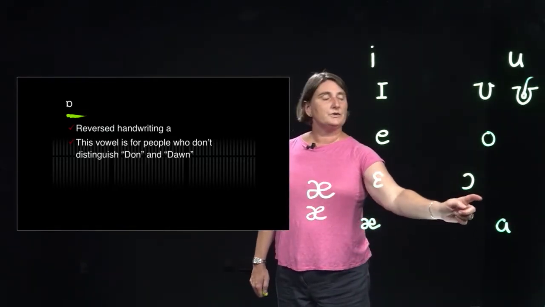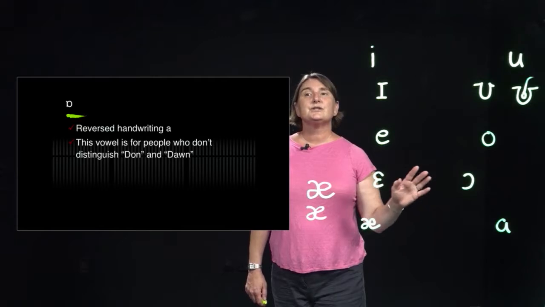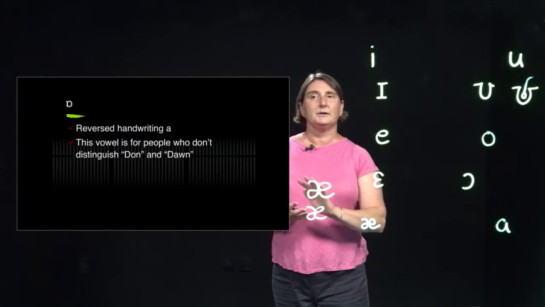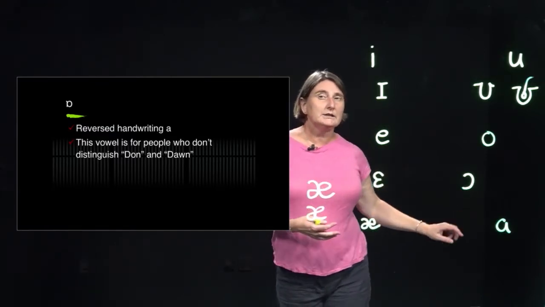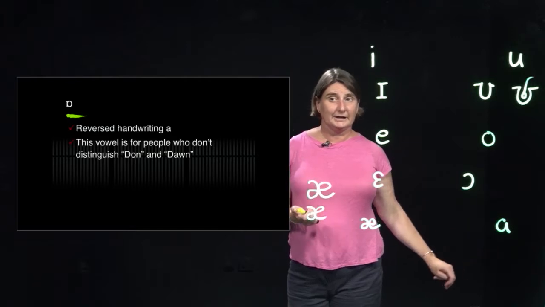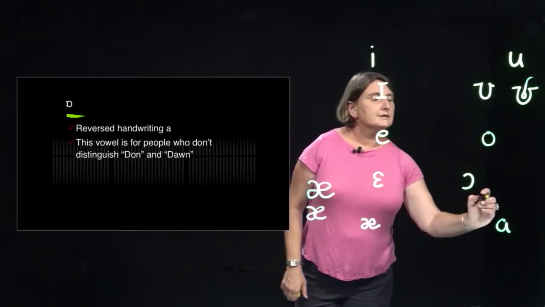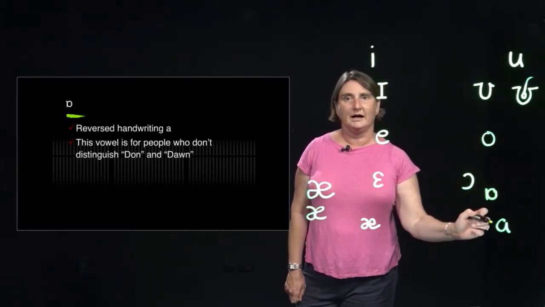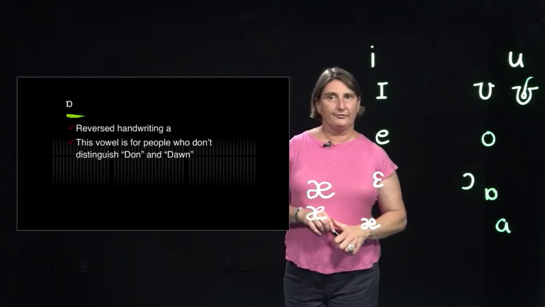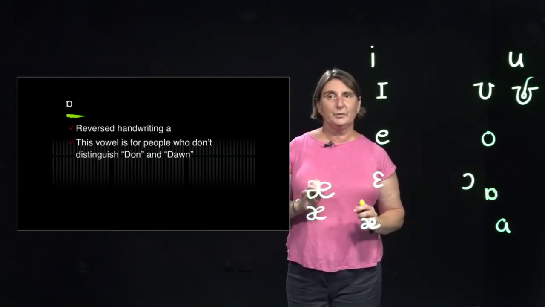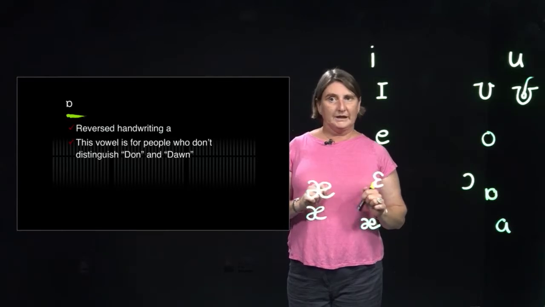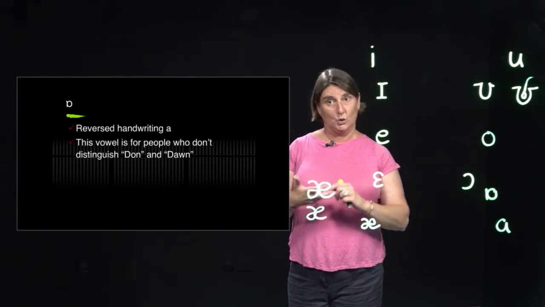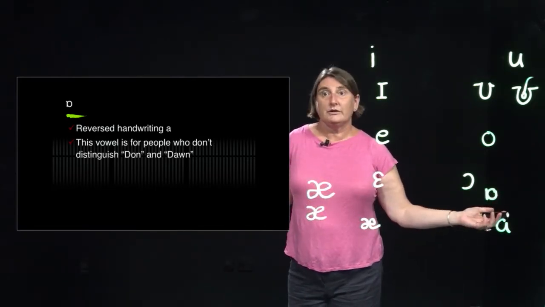For people who really don't distinguish between those two vowels, which is many in New England, Massachusetts, New Hampshire, Vermont, Maine. People from Rhode Island might distinguish. People from Connecticut might distinguish. There is another vowel kind of in the middle, and it is a reversed handwriting A. If you think it would be the stupidest thing on earth for a family to have a son named Don and a daughter named Dawn, because how would you tell the difference?